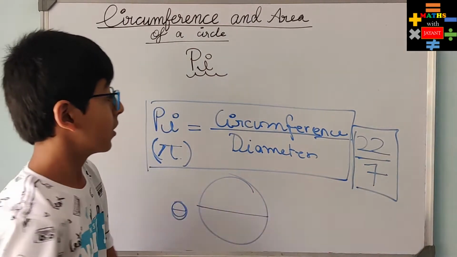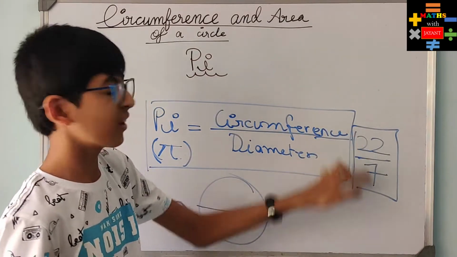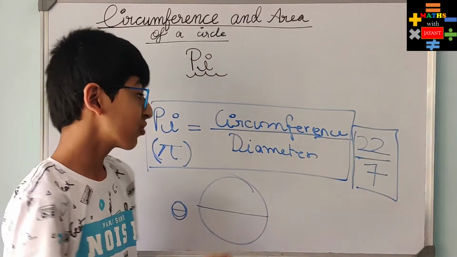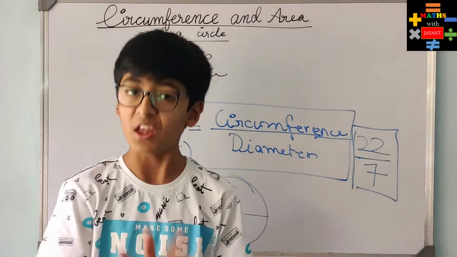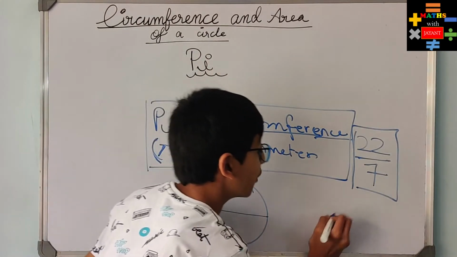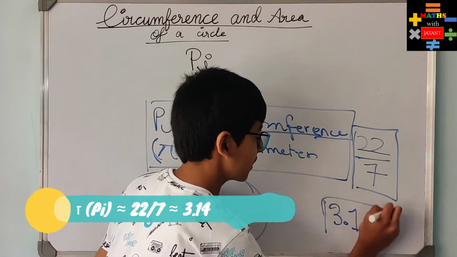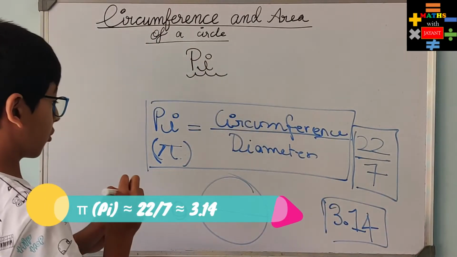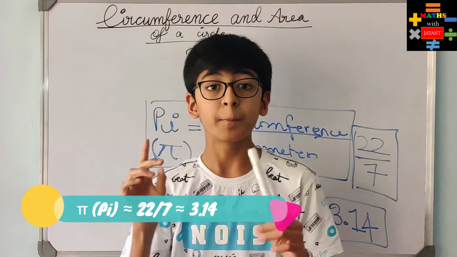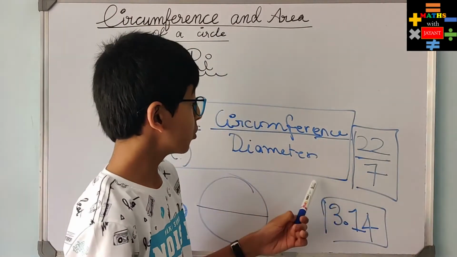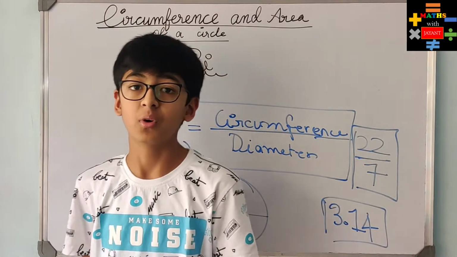So this fraction is the fractional form of pi. You would also see a decimal form, which is 3.14. So, what have we discussed? That pi is 22 by 7 or 3.14.